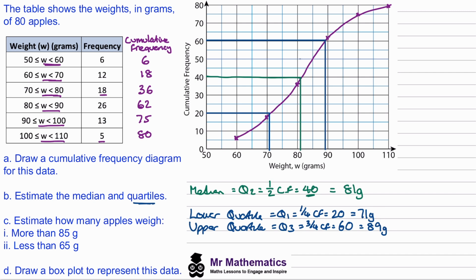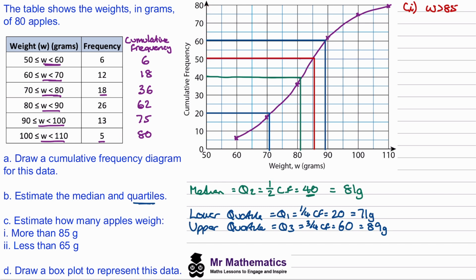For part C, estimate how many apples weigh more than 85 grams. When W is greater than 85, we'll draw a line from a weight of 85 up to the curve, and then across from the curve to the cumulative frequency. And all of these apples will weigh more than 85 grams.